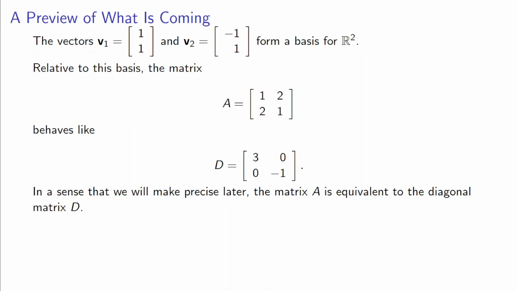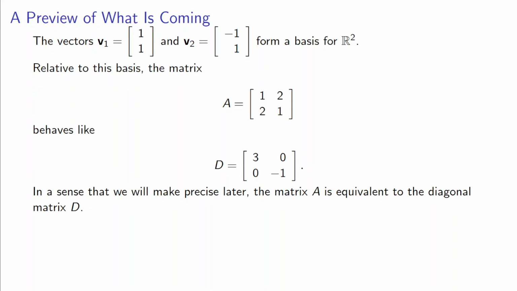So what's coming here, if we think of these vectors, V1 is 1, 1, V2 is negative 1, 1, these form a basis for R2, because they span R2 and they're linearly independent. You can check that or go back to some of the sections we were talking about bases. So relative to this basis, the matrix A that we've been working with behaves like the matrix D if we consider our standard E1, E2 basis for R2.